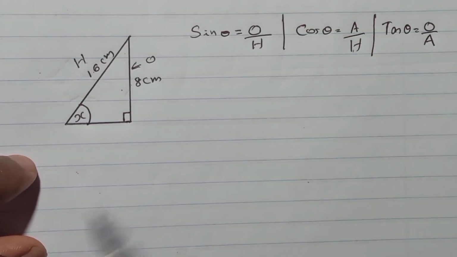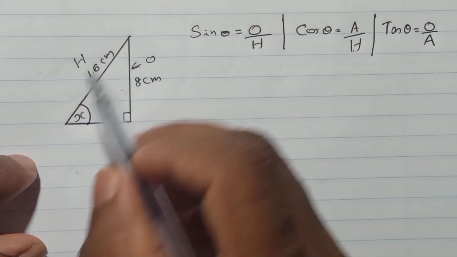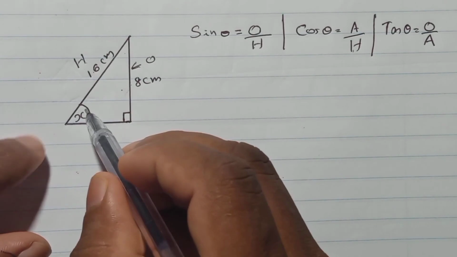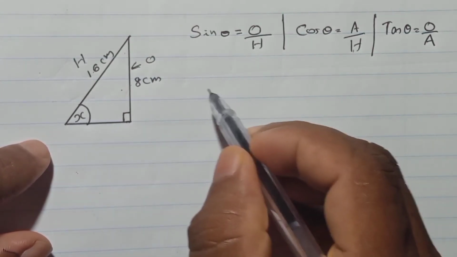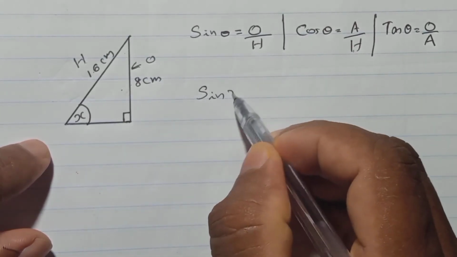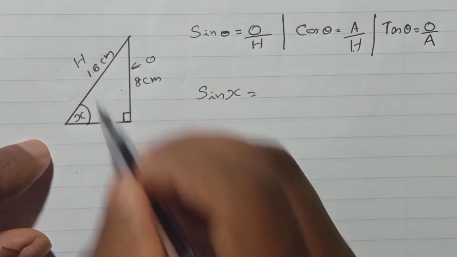Sine. So for this question, to find this angle, we need to use the sine ratio. Sine of the angle we don't know, we need to find that. So I write sine x equals opposite over hypotenuse.